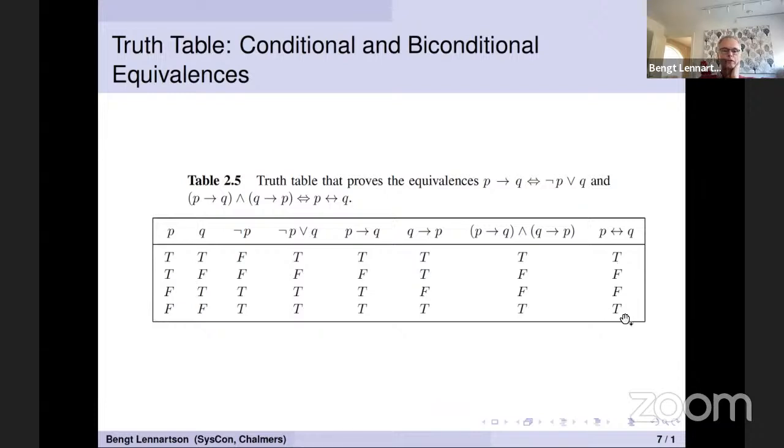So for instance, we have this interesting aspect that not P or Q is equivalent to P conditional Q, which means that they have the same truth values.